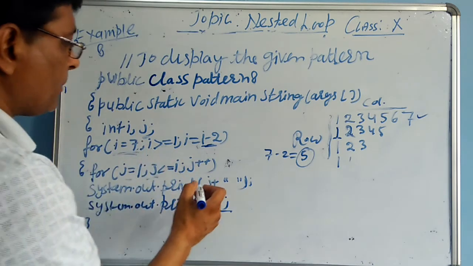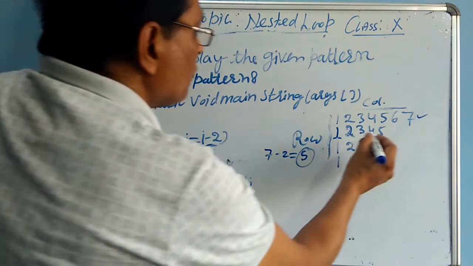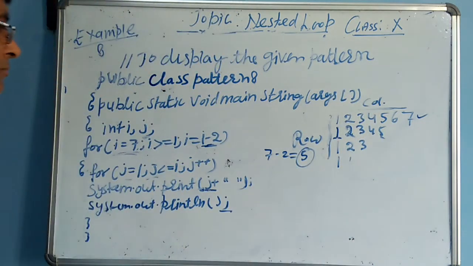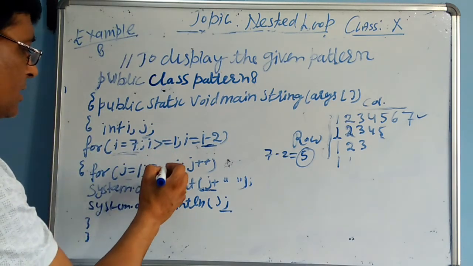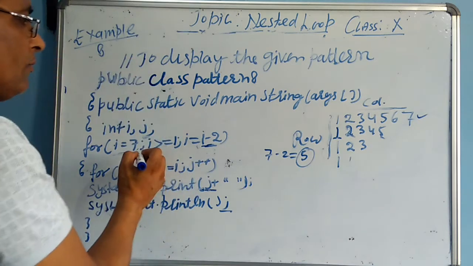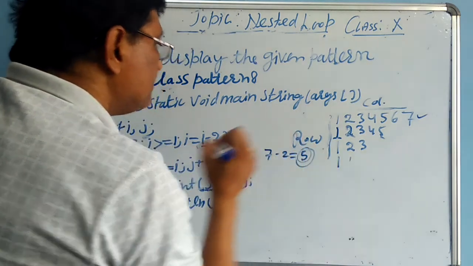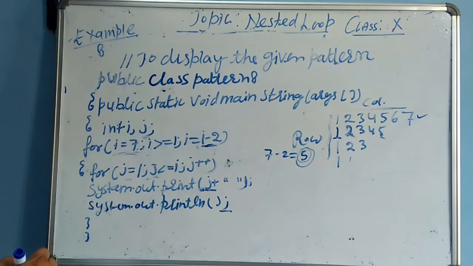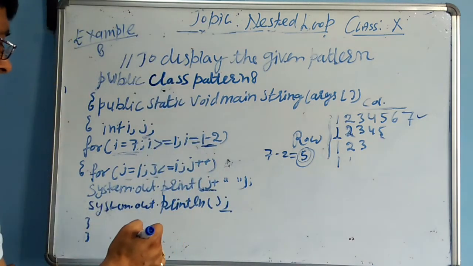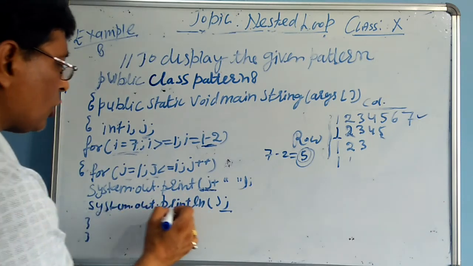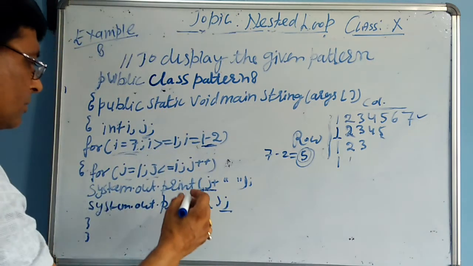Now j will be increased to 5. Now it checks if j is less than or equal to i, which is 5. When it is not, it will not print, and System.out.println brings the next line.